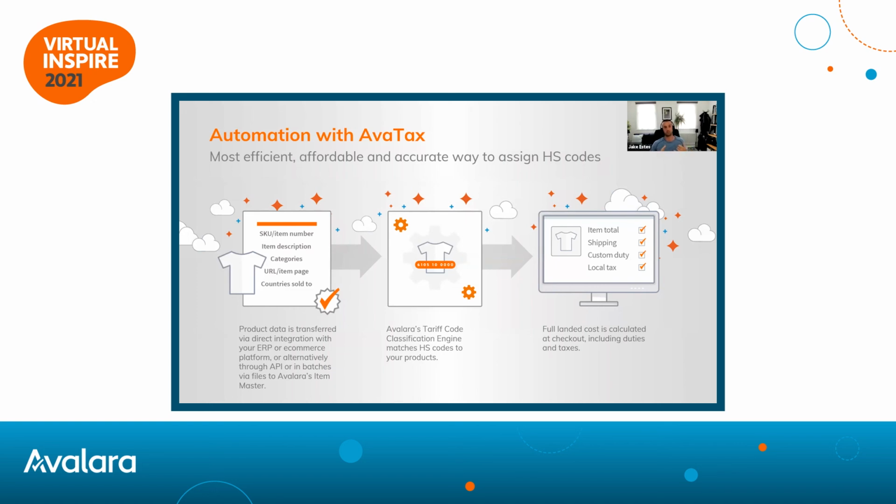Whatever you send us, we look up descriptions and the URLs of the websites that you send us to, the countries you sell into, other key attributes of the different products that you sell, and then we produce HS codes for every destination country. You then store that information in our tax engine, which hooks into your e-commerce platform, ERP or your billing system, and then we calculate the taxes there in real time. So if tax rates change, rules change, new trade agreements are implemented, Avalara has all of that tracked, and we apply the correct duty and tax rates for you, okay?